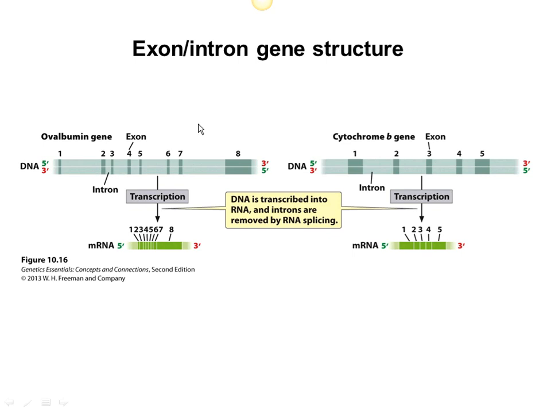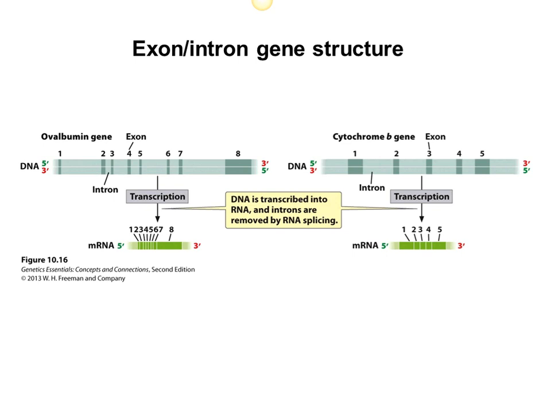But you have exons 1, 2, 3, 4, 5, 6, 7, 8, with these introns between them. So during gene expression, after the gene is copied from the DNA into RNA, the initial mRNA, which is sometimes called pre-mRNA, has to be spliced.